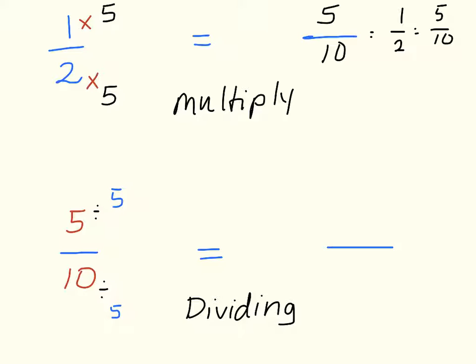And 5 divided by 5 gives me one equal group. And 10 divided by 5 gives me two equal groups of 5. So therefore, 5/10 is equal to 1/2. Small to large, large to small.